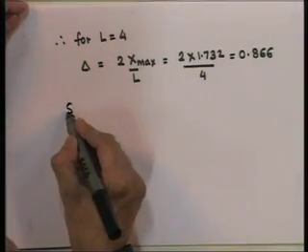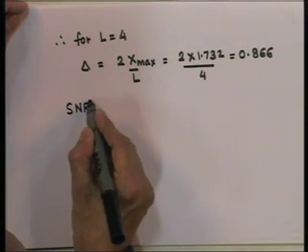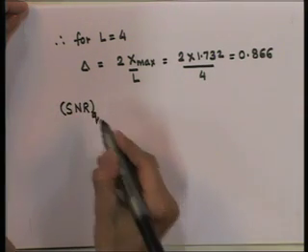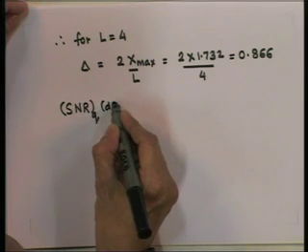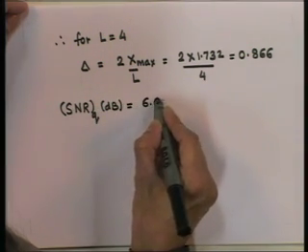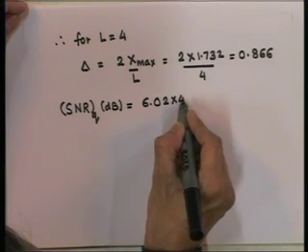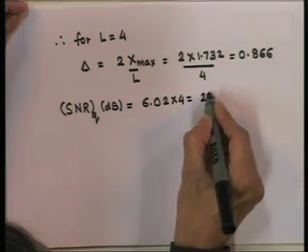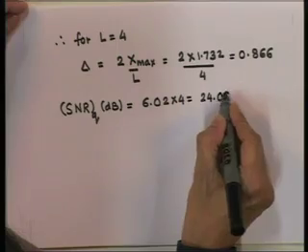Again, signal to noise ratio, that is quantization noise in dB for this case is equal to 6.02 multiplied by 4 is equal to 24.08.